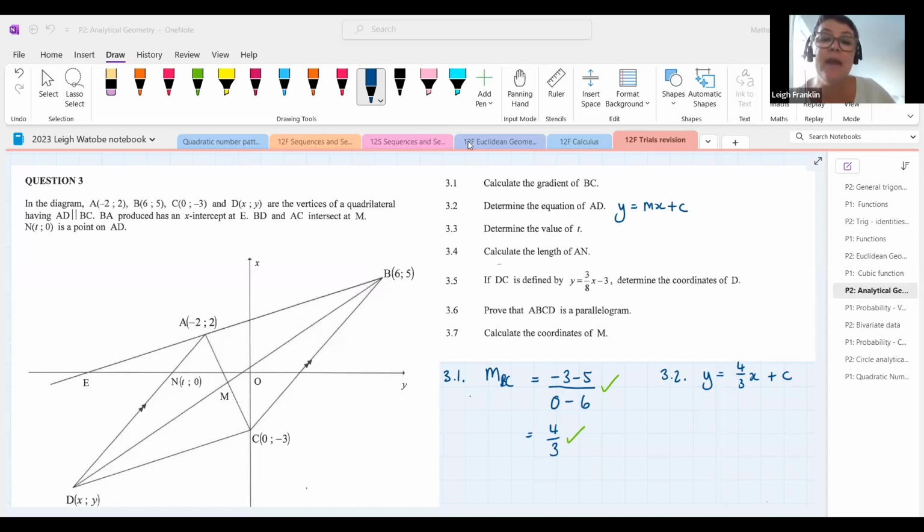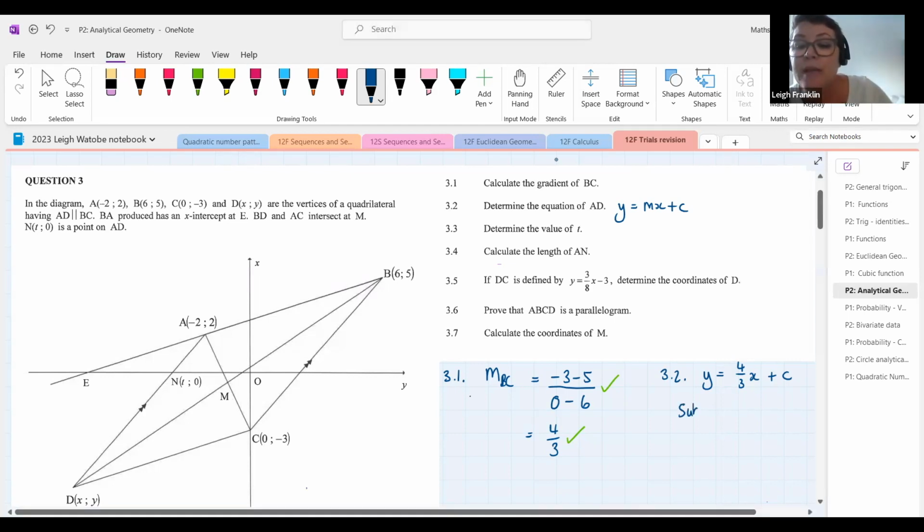And then you've got to sub in another point. So Pumzile, which point would you sub in? We sub in (-2; 2). Yeah, perfect. Good. So now we're going to sub in the coordinates at A, (-2; 2).